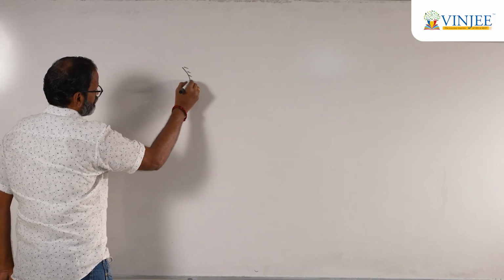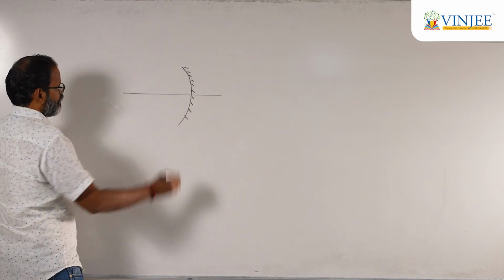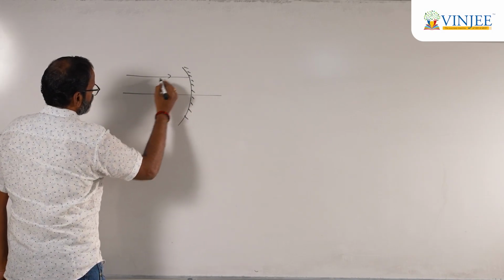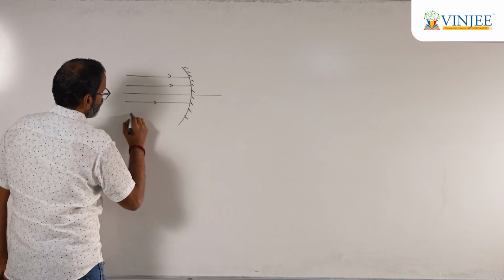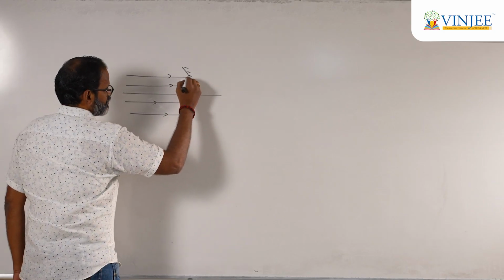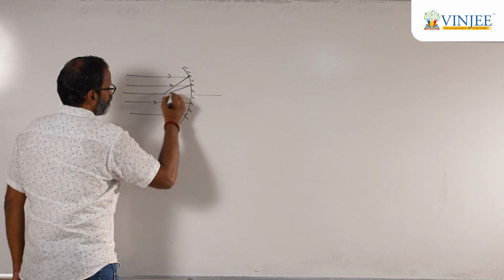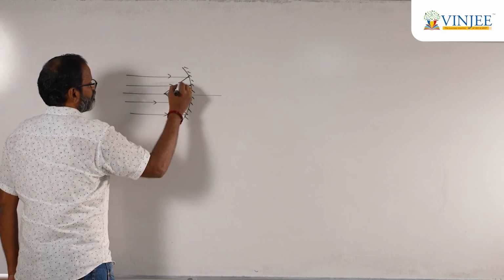This is a concave mirror. This is the principal axis. When a parallel beam of light is incident on a mirror, all the light rays really converge at a particular point. That is called the focus of the mirror. I'll repeat again.